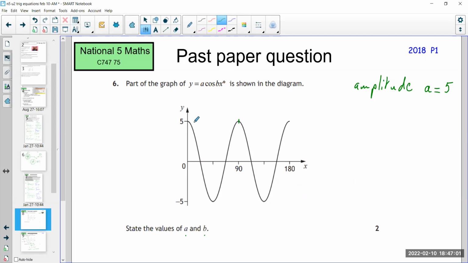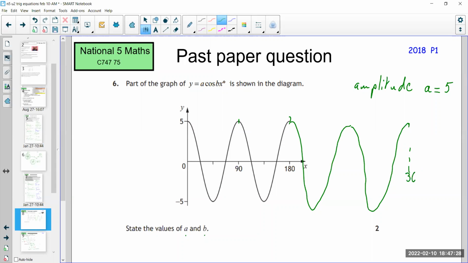I've got 2 times within 180. So if it repeats itself twice within 180, how many of these would I have if I do 360? How many of the cos? 1, 2. Just imagine if this was going on, it would be 3, and then another one up to 360.